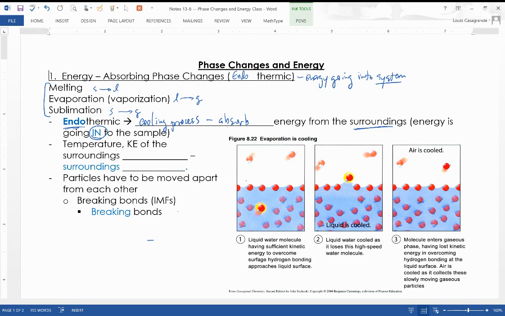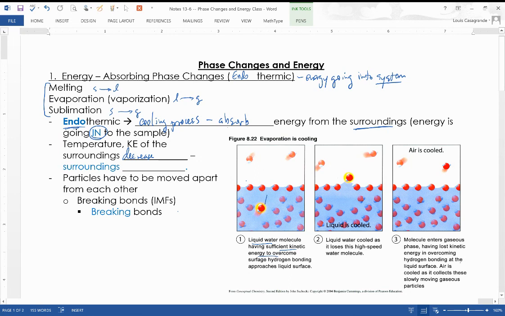So when we have this happen during a phase change, a couple of things happen. So during a phase change, the kinetic energy of the surroundings is going to decrease. And the reason for that, if we look at the diagram on the right, in number one, the liquid water molecule has enough kinetic energy to overcome the hydrogen bonding at the surface.